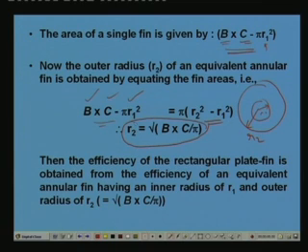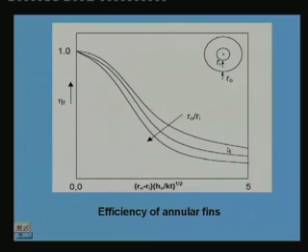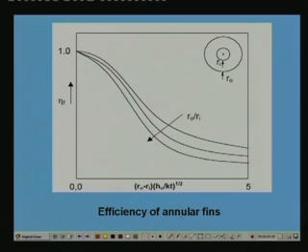So, we can find out the outer radius of an equivalent annular fin. Then the efficiency of the rectangular fin is obtained from the efficiency of an equivalent annular fin having an inner radius of r1 and outer radius of r2, which is equal to square root of B into C by pi. This is the procedure generally followed.